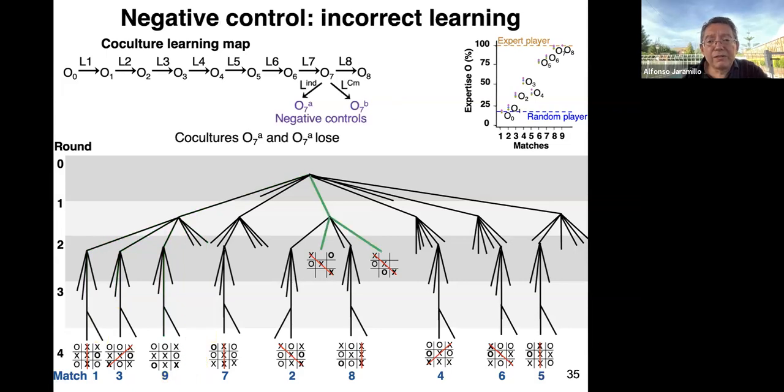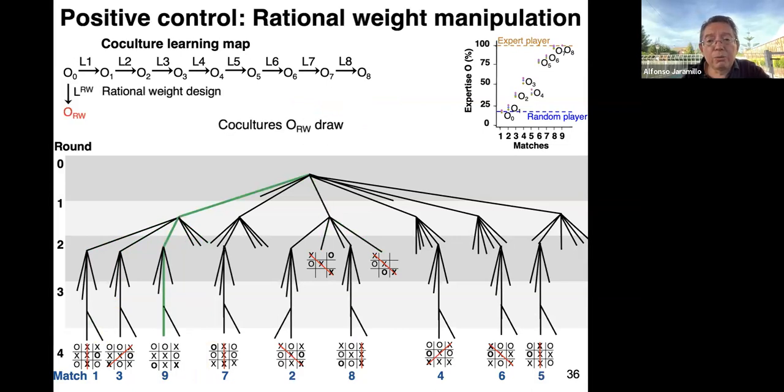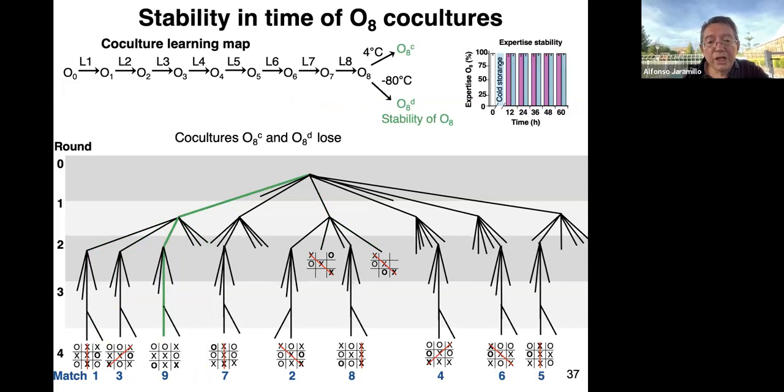And we also did a negative control, just doing the incorrect learning, which means using chloramphenicol instead of kanamycin. And then we also did some rational weight design, but I'm not going to go into that. We also computed the stability in time. When the systems have learned to master tic-tac-toe, they remain that way. How long?